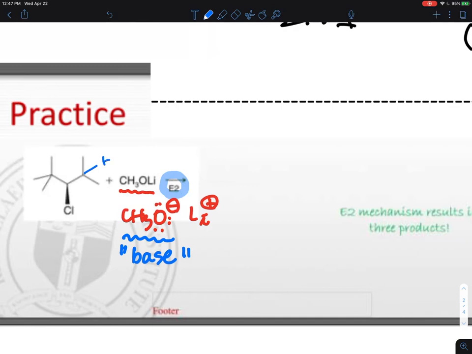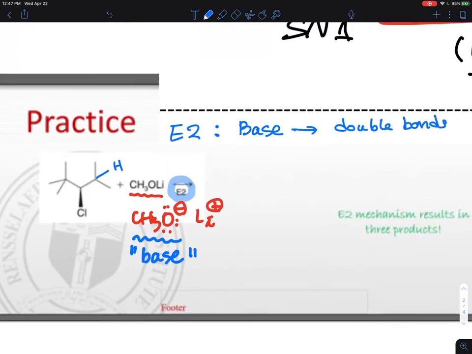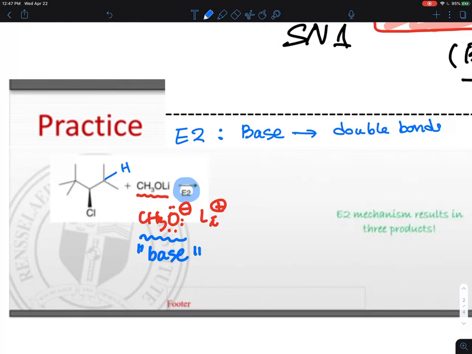For an E2 elimination reaction, you should understand that the first thing is a base, and you create a double bond. So the lone pair electrons make a bond with a hydrogen, leaving a bond to form a double bond here, and then this chlorine will leave as chloride, chlorine minus.